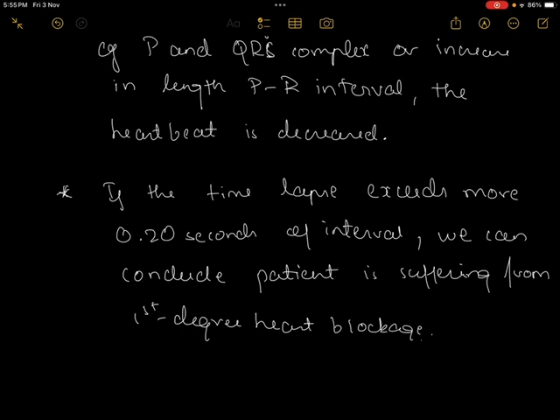So where do we often see first degree heart blockage? Usually we see first degree heart blockages in rheumatic heart disease patients.